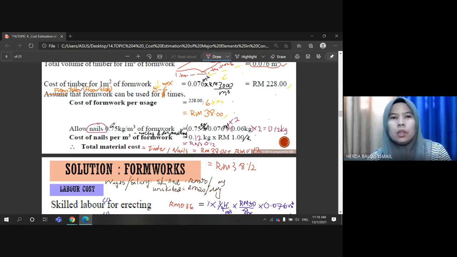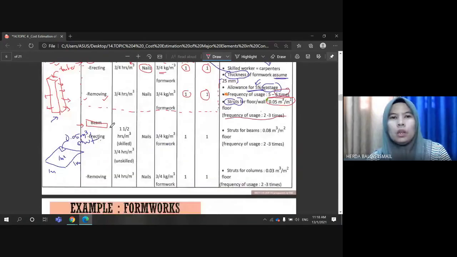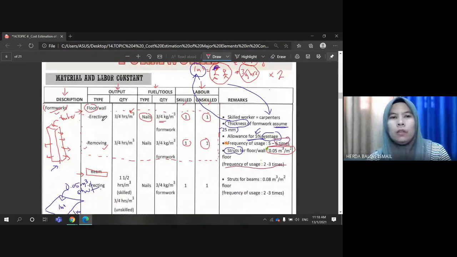From the table, we know that for erecting of formwork and removing or dismantling of the formwork, it requires this amount of nail per cubic meter: 3/4 kilogram during erecting and 3/4 kilogram of nail during removing.